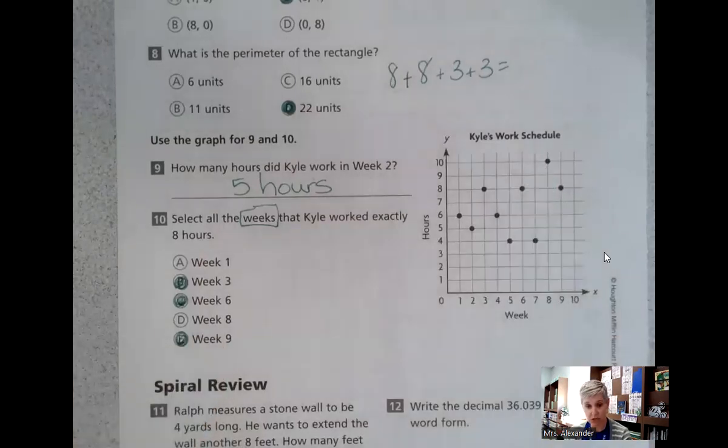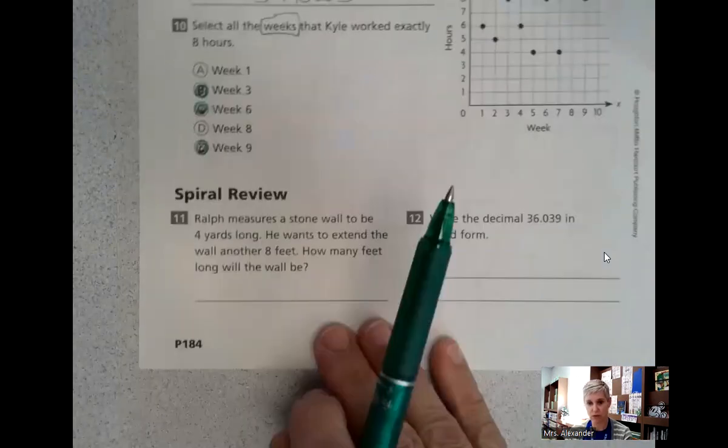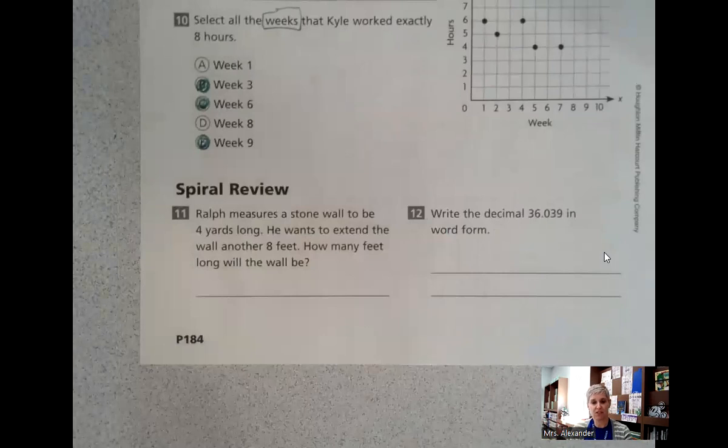Right. That was our lesson for the day. For the spiral review: Ralph measures a stone wall to be 4 yards long. He wants to extend the wall another 8 feet. How many feet long will the wall be? So how many feet in a yard? That's a good question. Do you know?